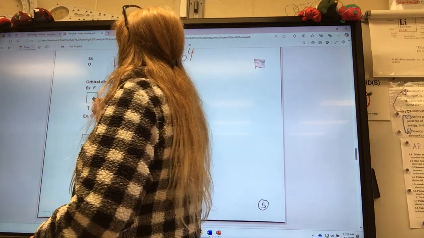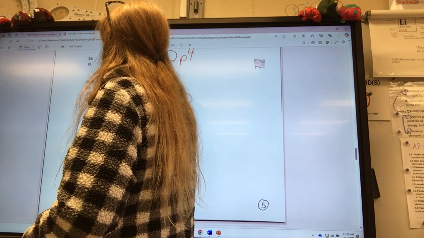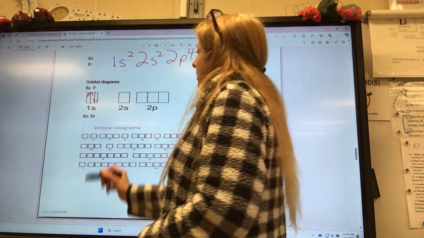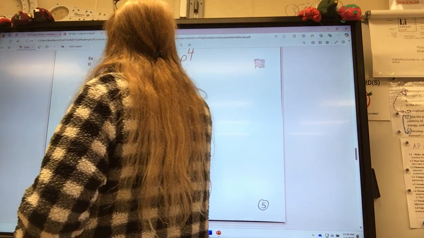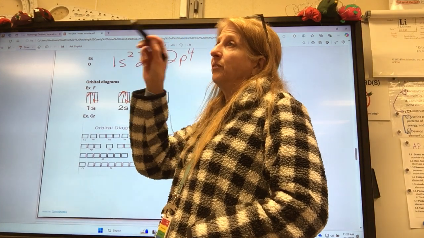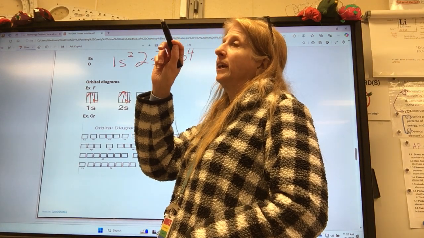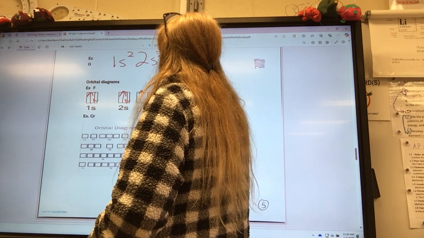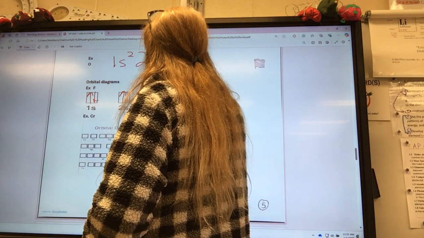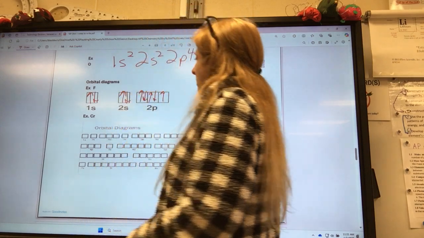It's 1s2, so you draw an arrow up and an arrow down to represent those. Then it's 2s2. Now 2p, we've got 5 of them. Do you see how it's 5 squares from boron to fluorine? So we go up, up, up for the first 3, and the last 2 we go down, down.